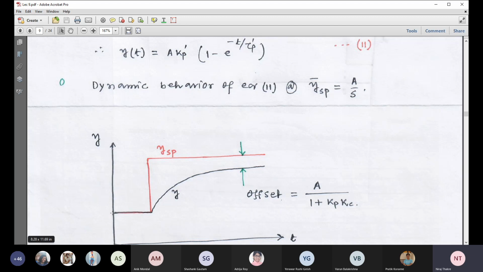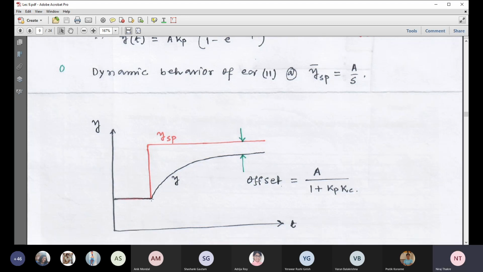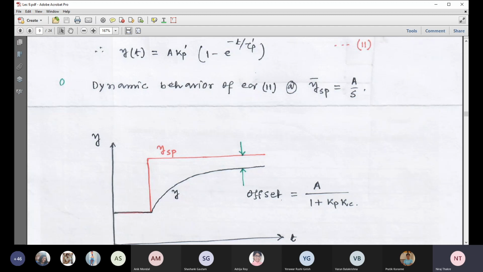So initially this is our set point value. It is, you can say, 0. Then at a particular time instant, we are introducing a step change in YSP, which is shown through the red color. And this magnitude is capital A. Now, if we simulate or solve this equation 11, we get this type of response with time.